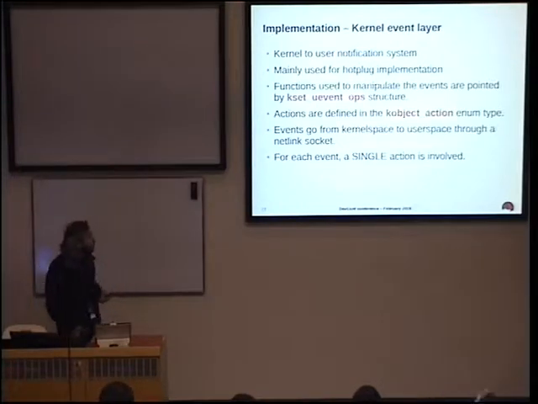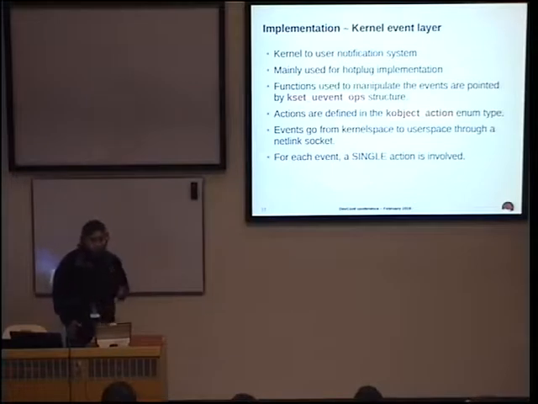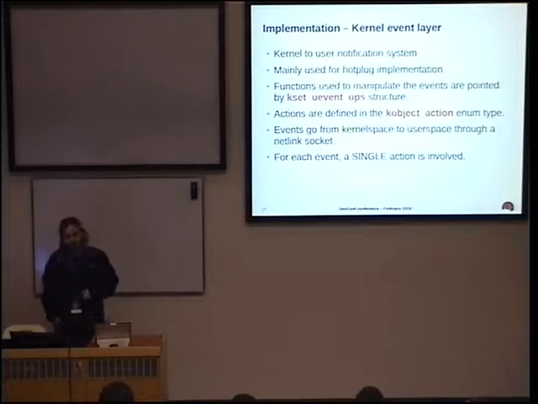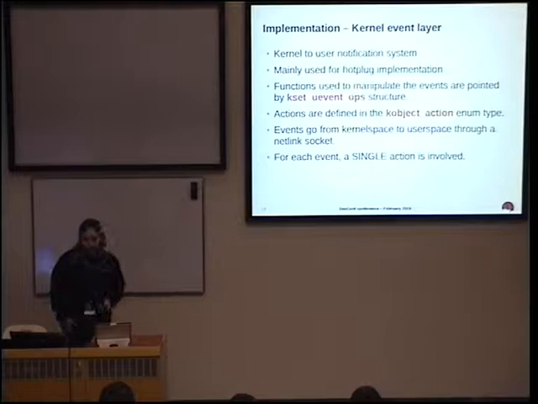So about the kernel event layer: it is the kernel notification system to user space. Everything we want the kernel to notify user space about, we use the kernel event layer now. It's mainly used for hot plugging, defined in the Kset event ops. I will show you guys later how it works better.